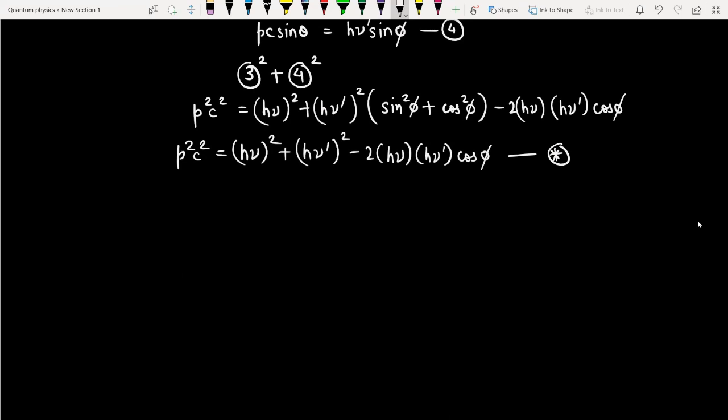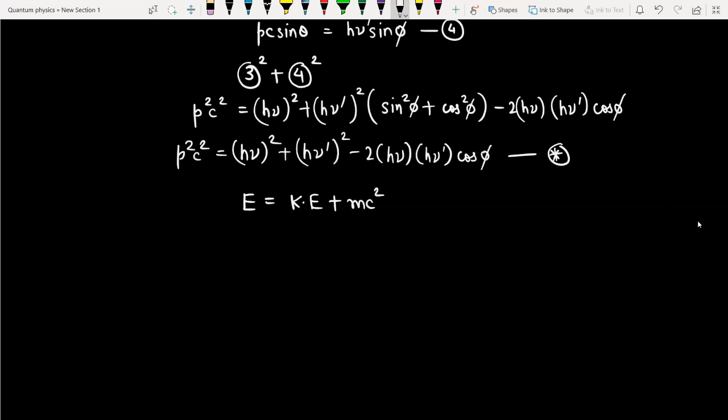Now we know what is the total energy of the electron. We can derive this equation, and also it's basic common sense that the total energy can be written as the sum of the kinetic energy plus mc square.